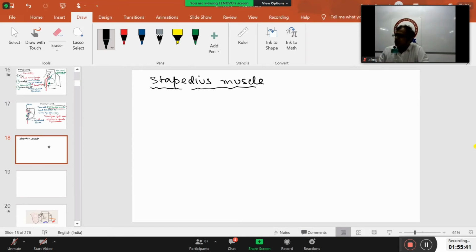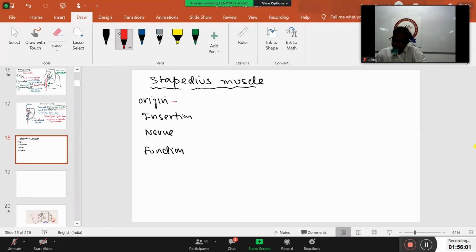Like most of the muscles of the body, here also you have to know 4 things: the origin, insertion, nerve supply, and function. That's all. You know one already. Origin: where is the origin from? Pyramid. Which wall?